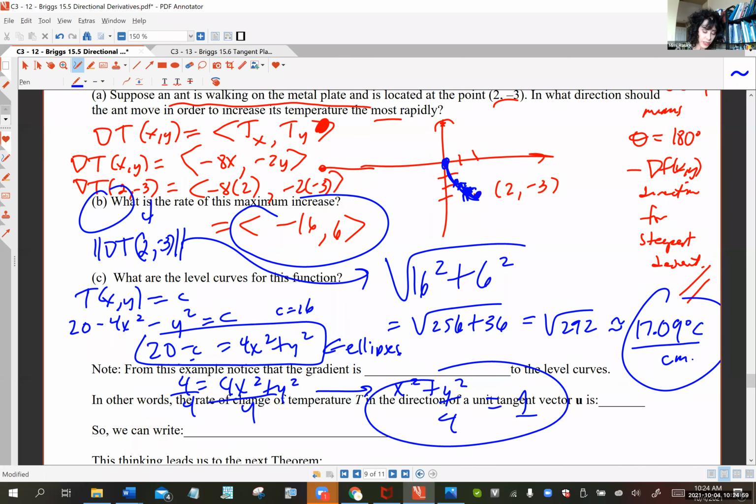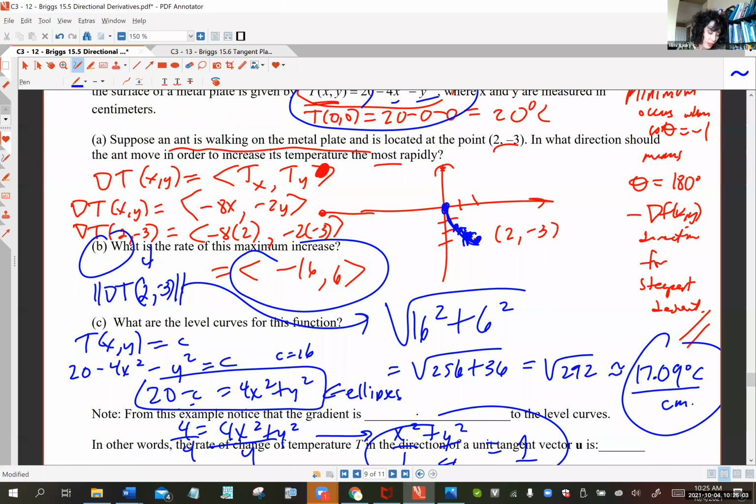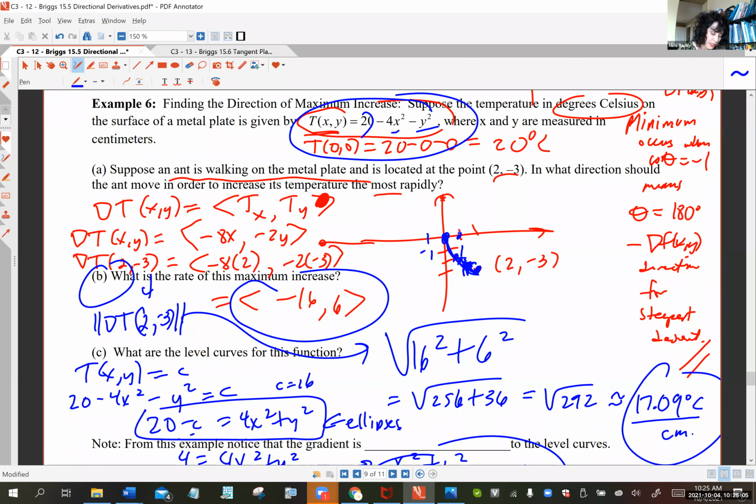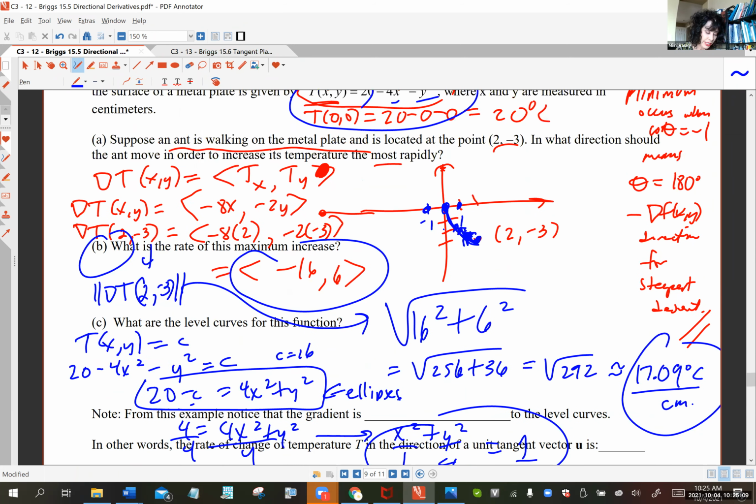That's an ellipse centered at the origin, with -1 and +1 as the x-intercepts, and -2 and +2 as the y-intercepts. So here we have that. So that's one of the level curves.